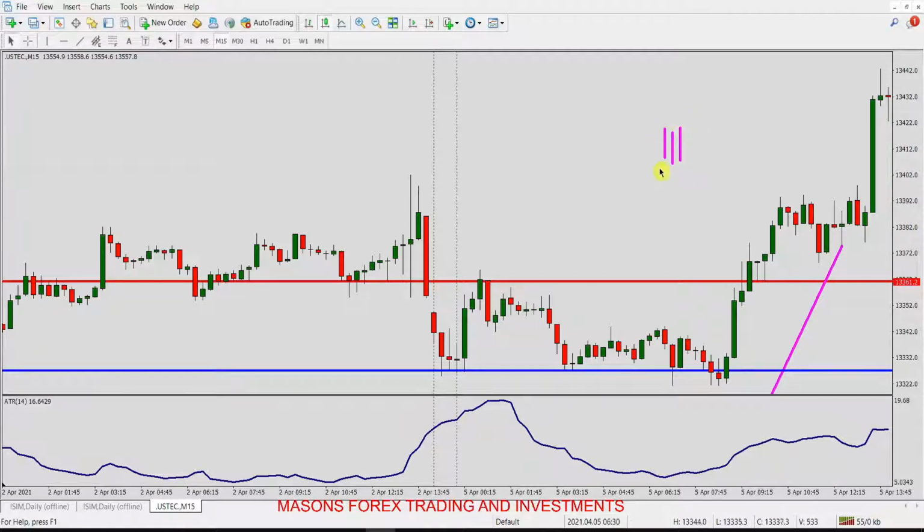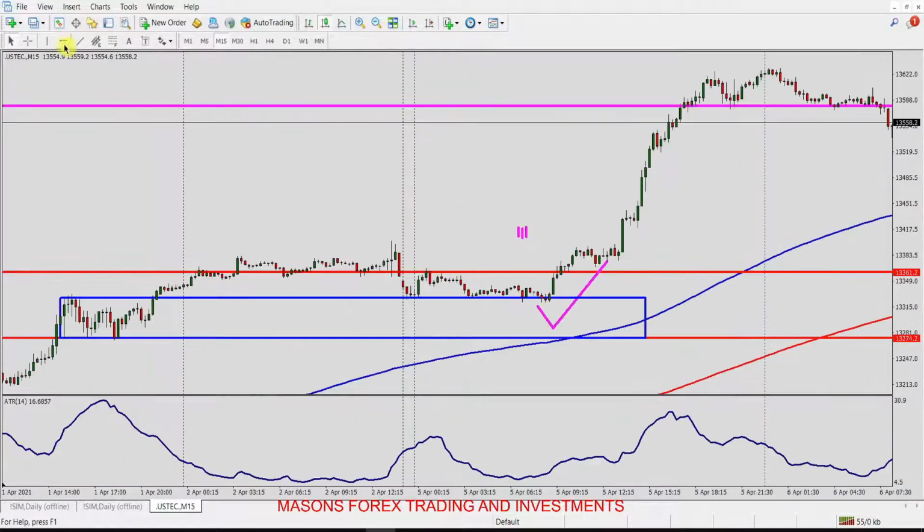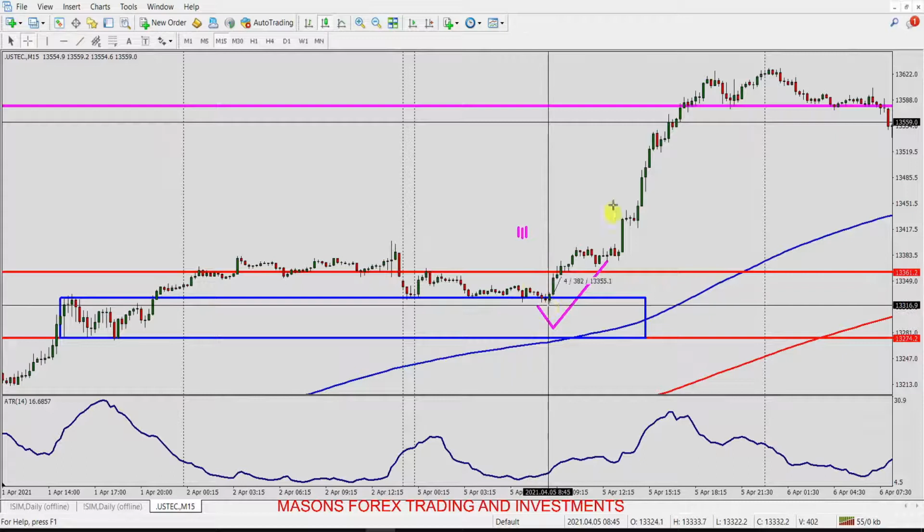So we have something like a signal entry, or a type of line, just to simplify this potential entry. It's very similar to that, and hence if you took this trade, you could have made this amount of pips, because we did mention we expect it to come somewhere around this pink line or this pink area. So you could have made 2,616 pips.